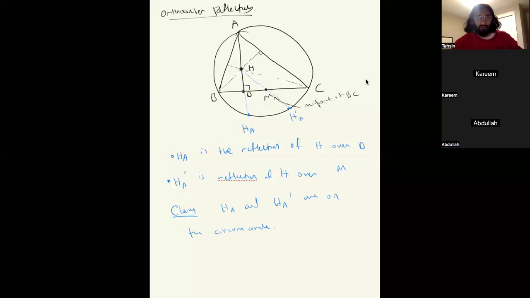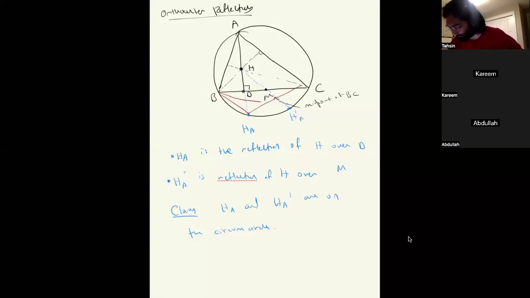Have you guys seen this reflection lemma before? Okay, so maybe I won't spend too much time. The proof is simple. You just calculate these angles.